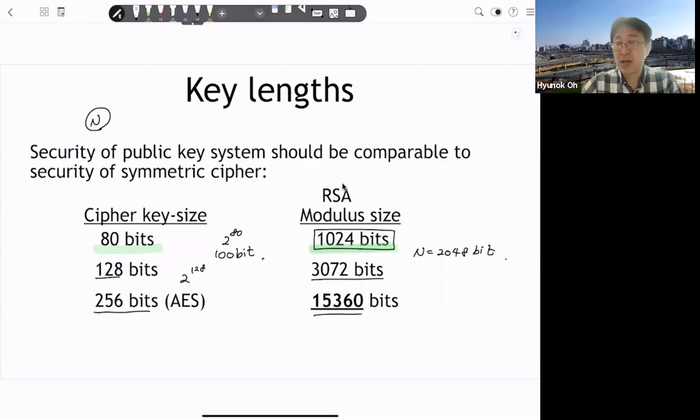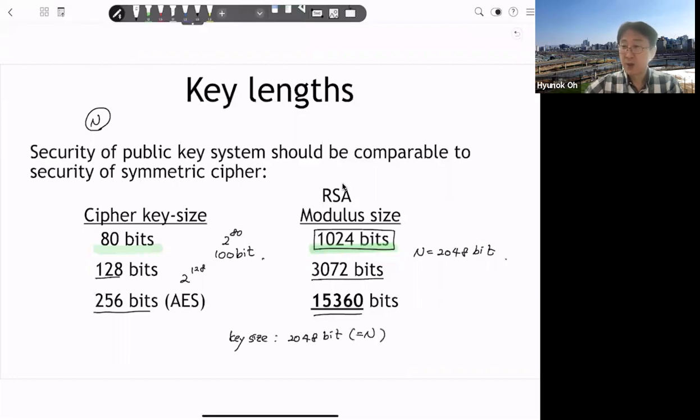So the drawback of RSA is that the key size is large. It's like 1000 bits or 2000 bits, and it's a little bit slow because of the computation. So the key size is very large, like 2000 bits for n.